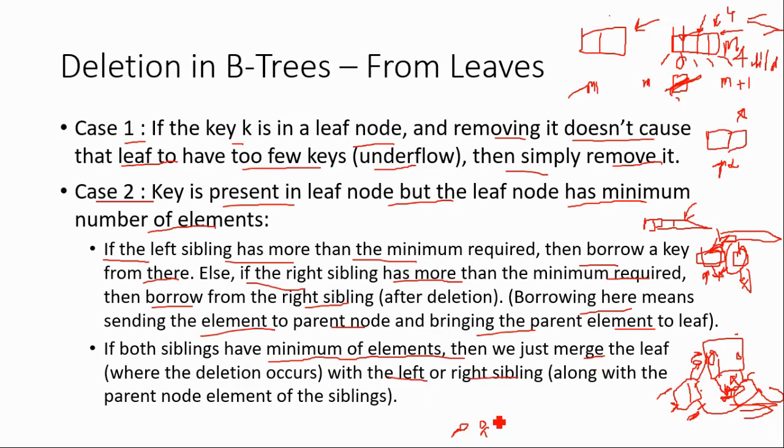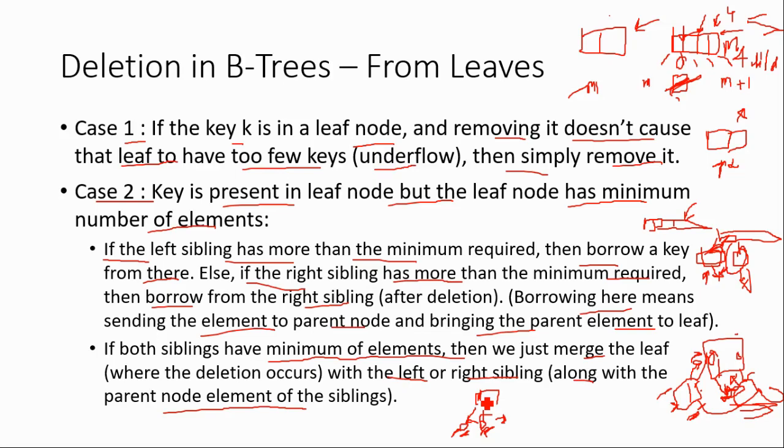So the node from where deletion has occurred, we just merge it with the left one, or in some cases we may merge with the right one. Along with the sibling elements, we also have to include the parent element, because between the left sibling elements and the node elements where the deletion has occurred, there has to be some element in the parent node, between the subtree links.